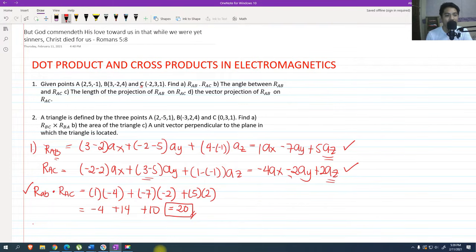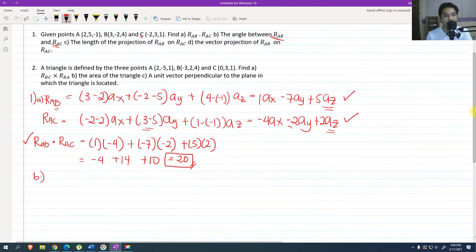So this is letter A of number 1. Letter B: the angle between the vectors R_AB and R_AC. If we recall from our study of vectors, A dot B equals the magnitude of A multiplied by the magnitude of vector B times cosine theta, where theta is the angle between vectors A and B. The same rule we will be applying.